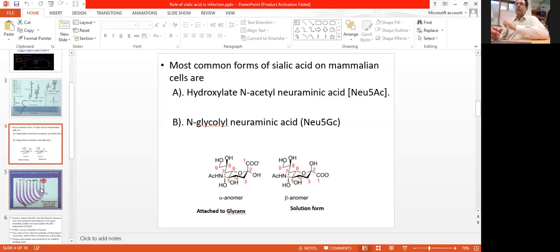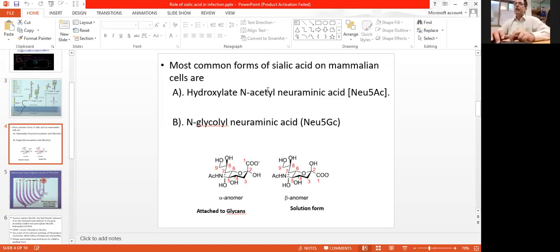They have a lot of diversity, but all of them have been derived from this particular thing, the neuraminic acid. So they are all derivatives of the neuraminic acid, because, for instance, these two are also derivatives of neuraminic acid.